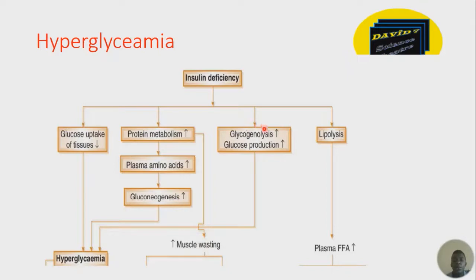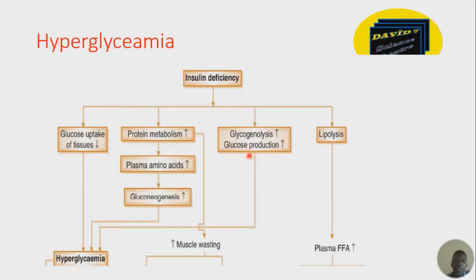Also, in insulin deficiency, there is glycogenolysis. Insulin deficiency is diabetes mellitus. So glycogenolysis increases, breakdown of glycogen increases, and production of glucose increases.